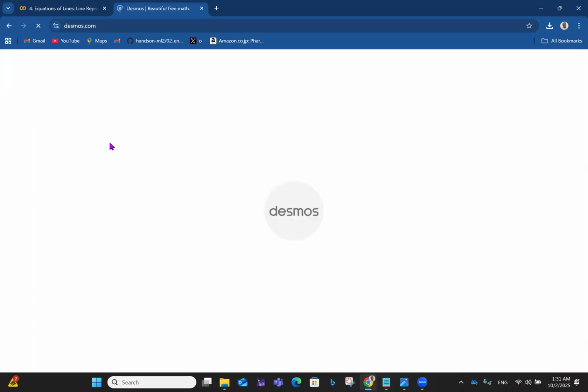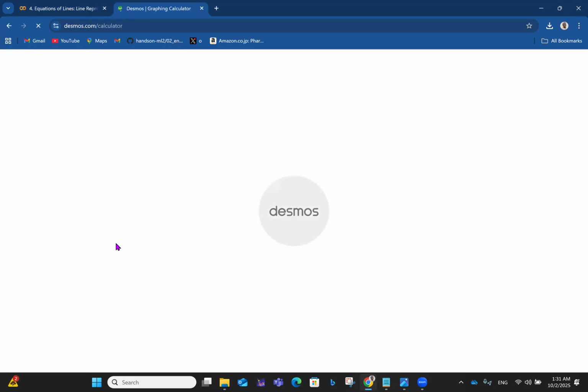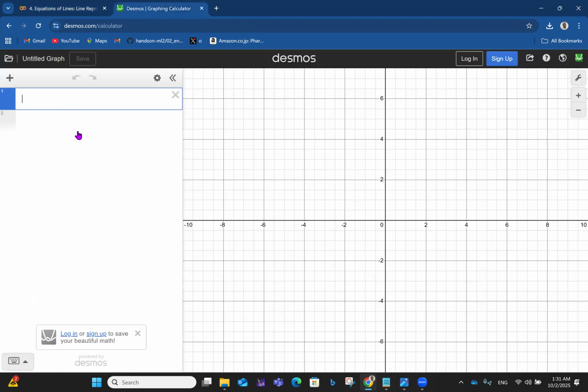So I click on this and we have Desmos live, the graphing thing. So we know the slope already, that is m already taken care of. Then for this intercept, the 0, 3 is going to tell us that. So we have this now, 0, 3.